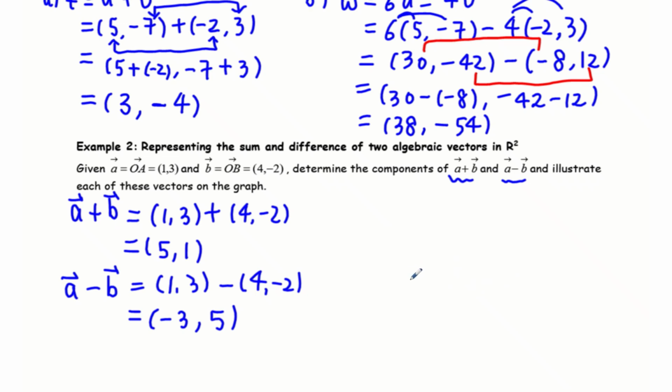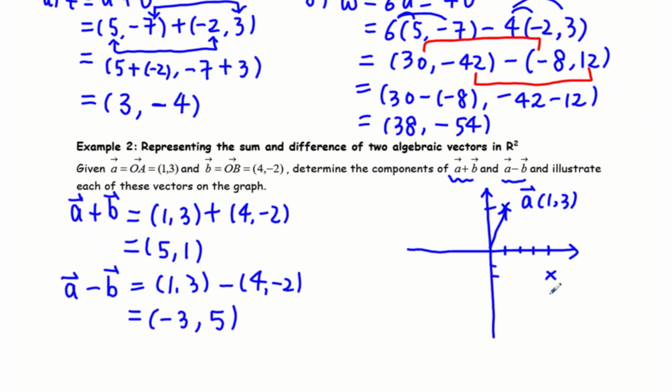So now we want to graph it. So A is 1, 3. This is A, 1, 3. And B is 4, -2. So 1, 2, 3, 4, 1, 2. This is B. It's 4, -2.